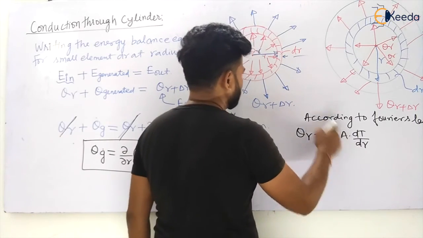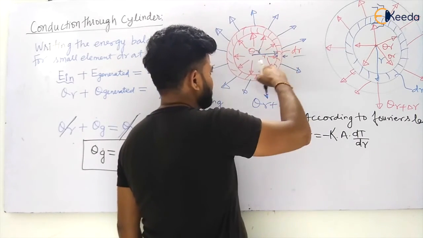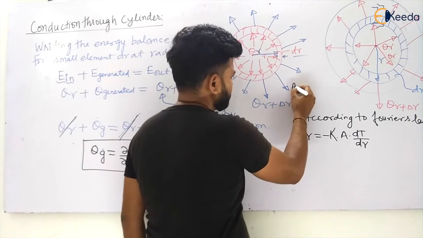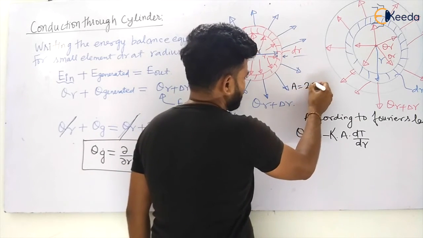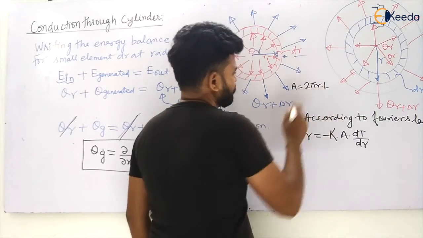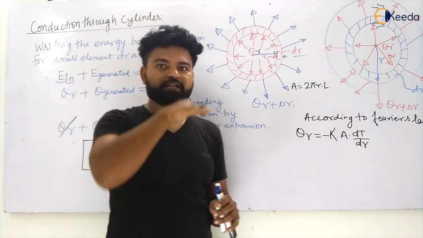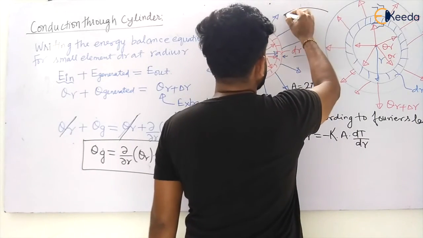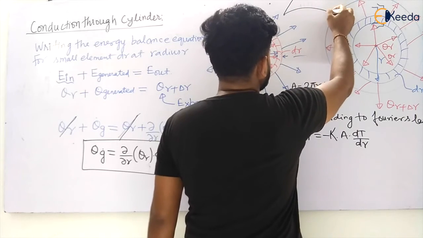What is the area for this element, my dear students? The area for this element will be given by 2 pi r into L, because this is a cylinder, so this will be the curved surface area. If you see the curved surface area for a cylinder, it will be something like this.